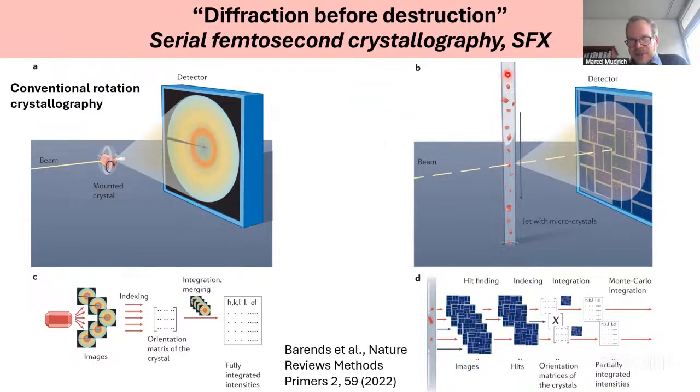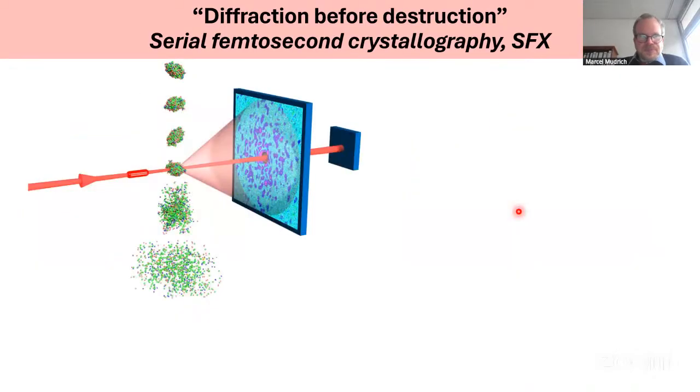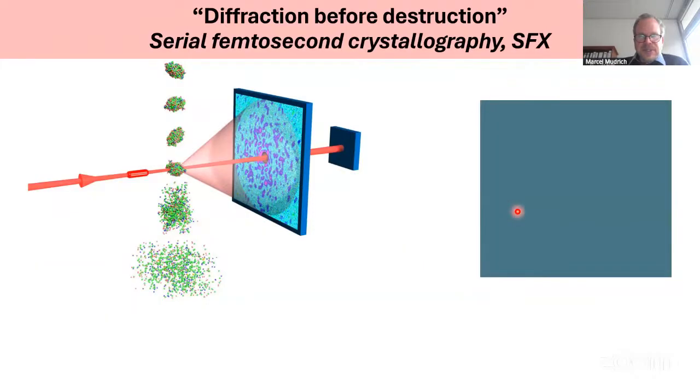Nowadays, it would be injecting many target nanoparticles into the beam and recording these many serial diffraction images, and then by doing some complicated mathematical analysis, trying to retrieve the structure of all these particles. So that's serial femtosecond diffraction imaging.